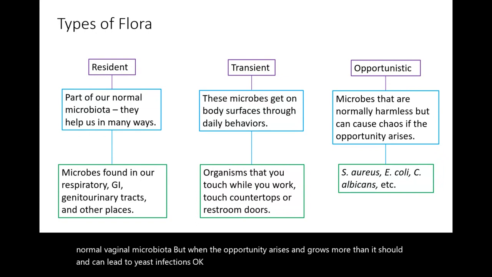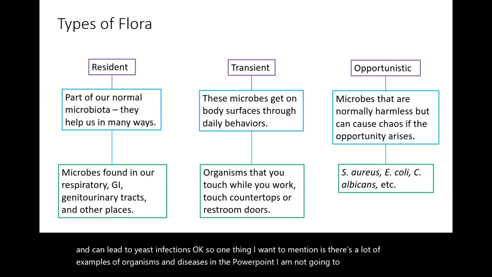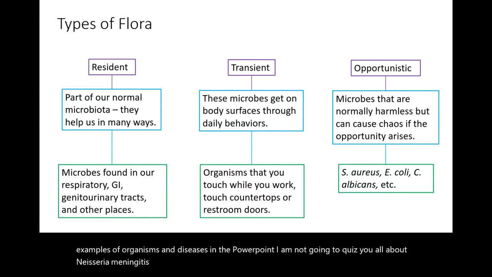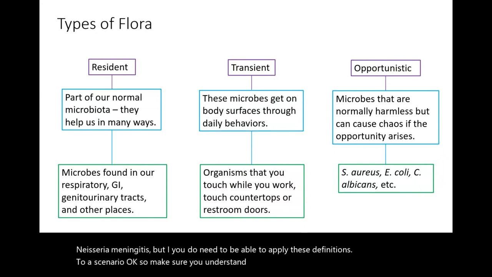One thing I want to mention is there are a lot of examples of organisms and diseases in the PowerPoint. I am not going to quiz you all about Neisseria meningitidis, but you do need to be able to apply these definitions to a scenario, okay? So make sure you understand what an opportunistic pathogen is.